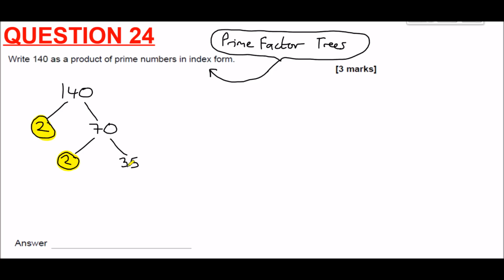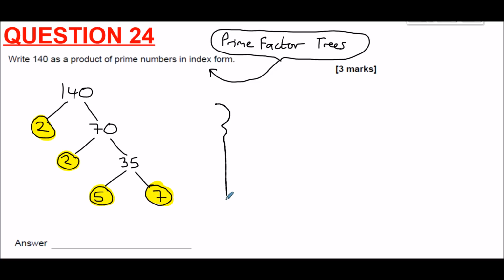So anyway, is 35 prime? Well, 35 isn't prime because we can divide 35 by 5, which would give us 7. Now 5's prime and 7's prime, and so we're done. With these questions, you're always finished, well, nearly finished, when you've got all primes at the end of each branch.